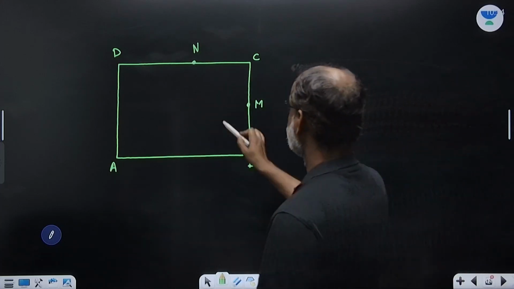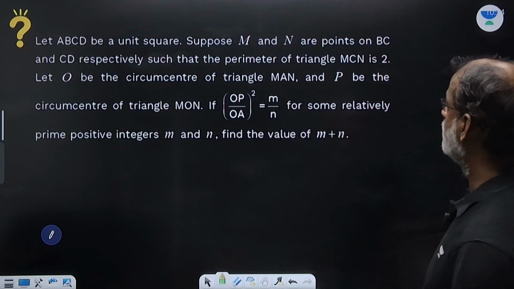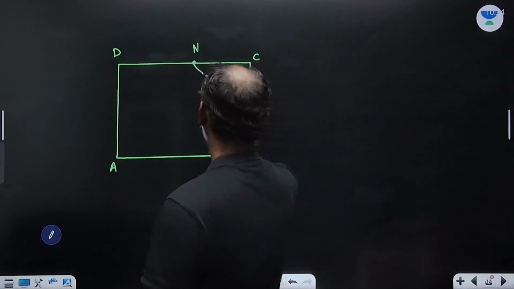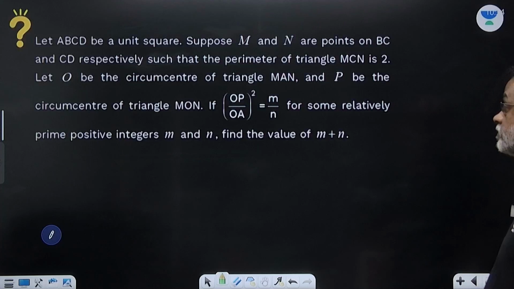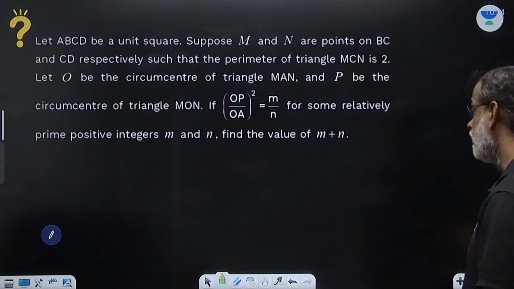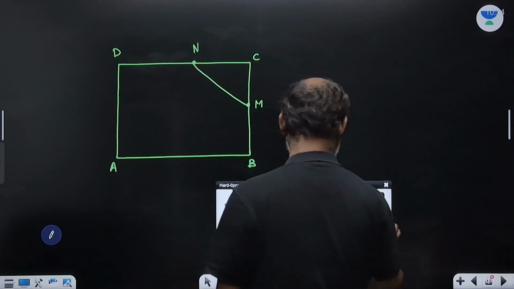So the perimeter of this triangle, which triangle? MCN, that is what? MCN is 2. Fine. Let O be the circumcenter of triangle MAN. Okay, we have to draw triangle MAN also.